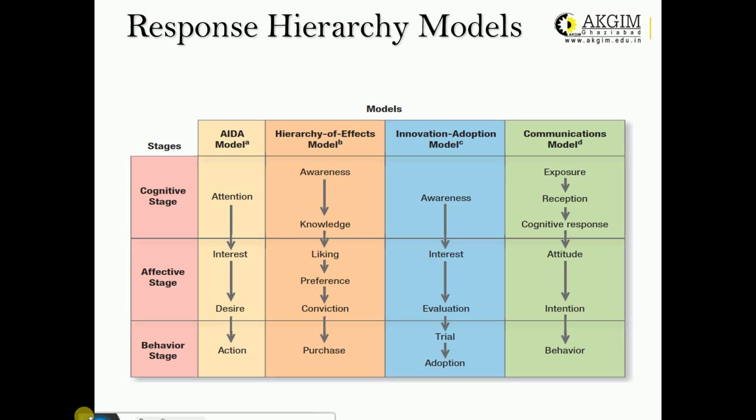Exposure is a stage where customers, or your audience, are exposed to a number of pieces of information, but the consumer may give attention to, or receive, only some selective information, and the selective information is processed through this cognitive process. So this is a cognitive response to the information, or to the stimuli, received by the consumer.